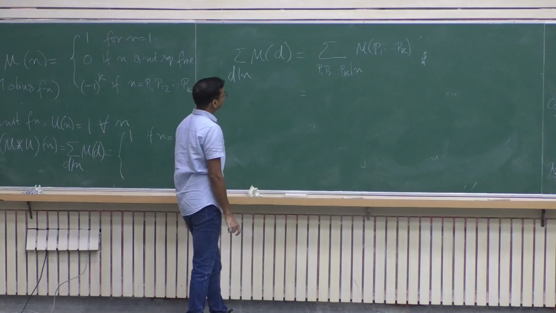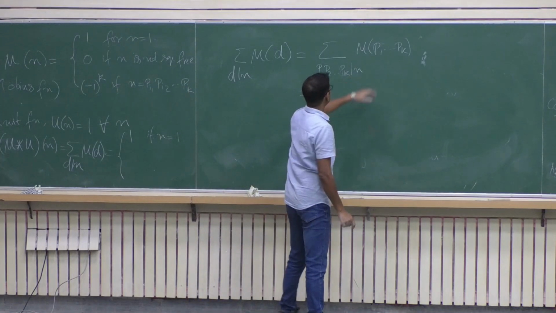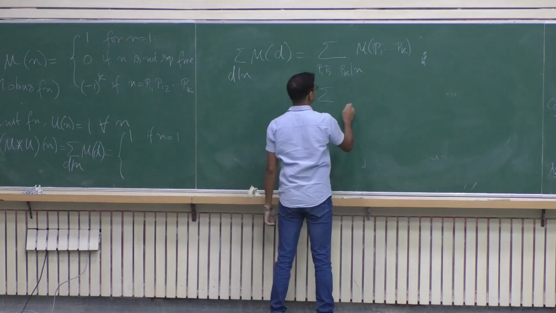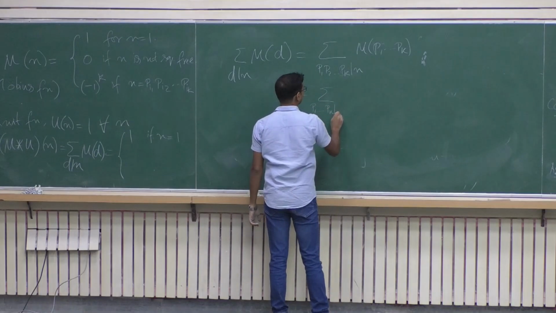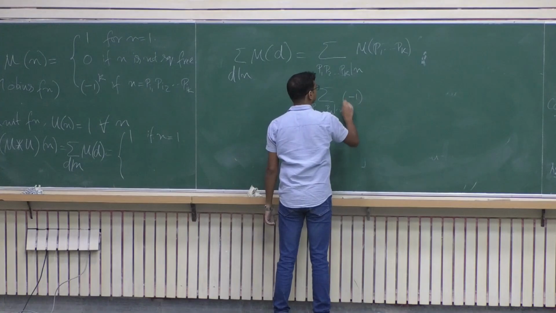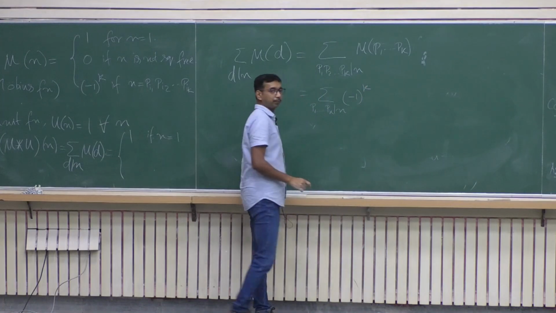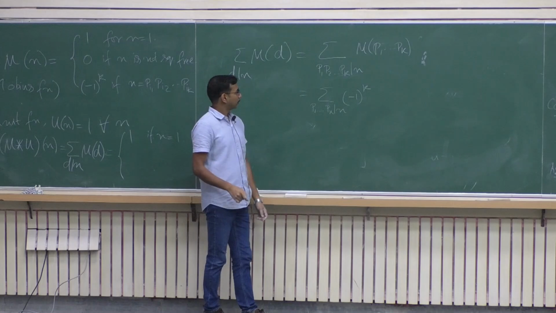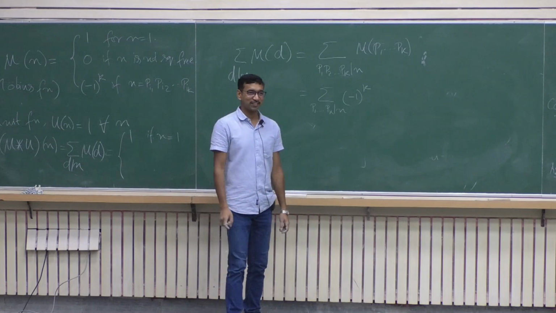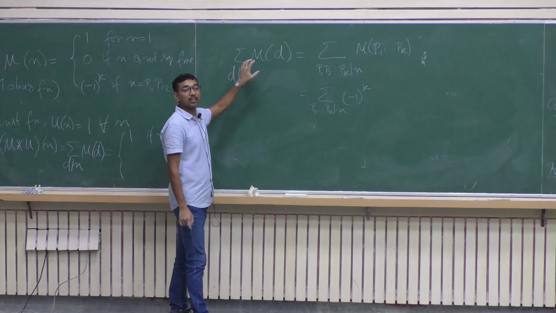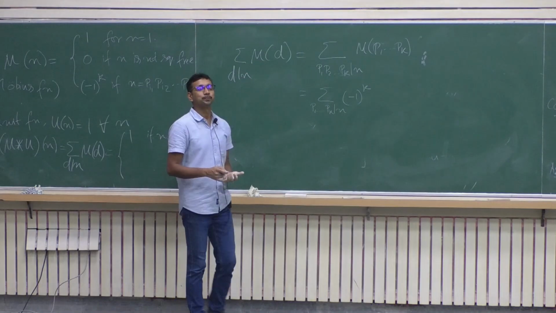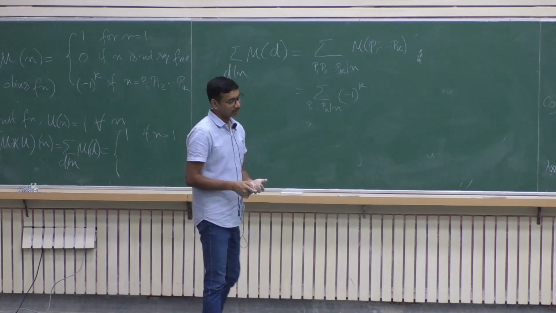So now this one is just the sum over p1 ... pk divides n of mu, minus 1 to the power k. Okay, but that's not what you said, right? You said that we divide n, taking d divides p1 p2 ... pr.